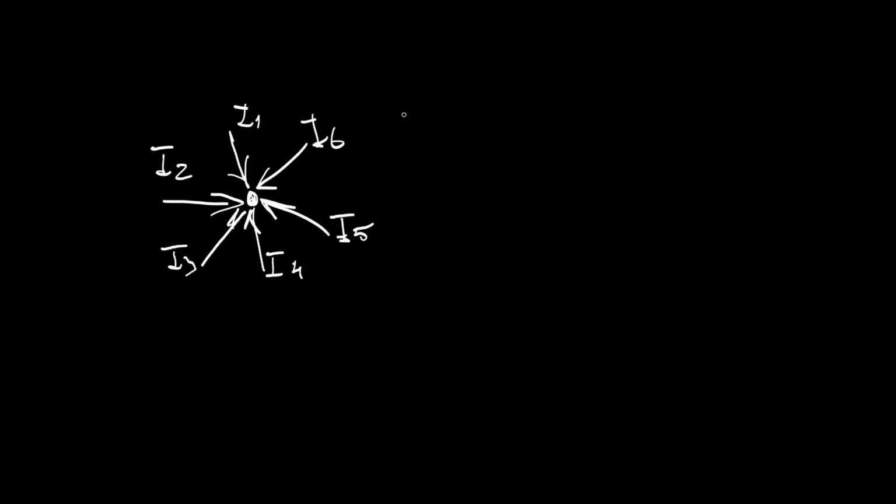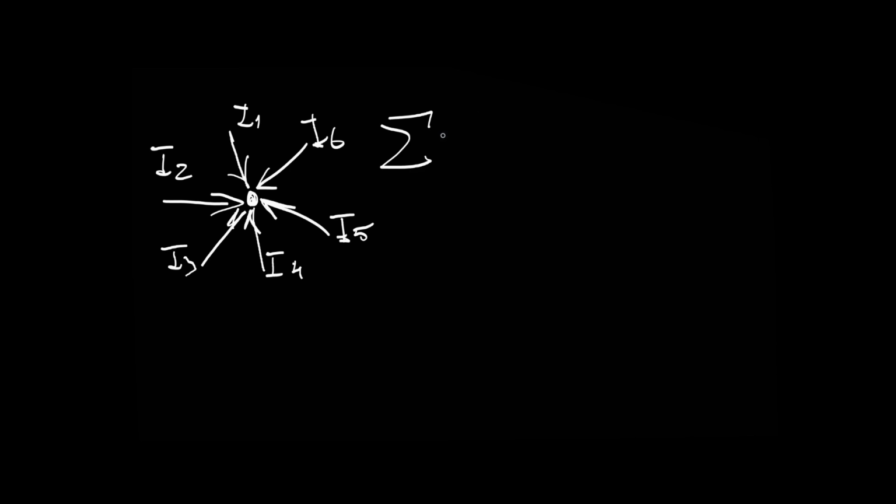Let's consider another small example dedicated to this law. For example, we have some node, and let's imagine that all currents go to the node: I1, I2, I3, I4, I5 and I6.